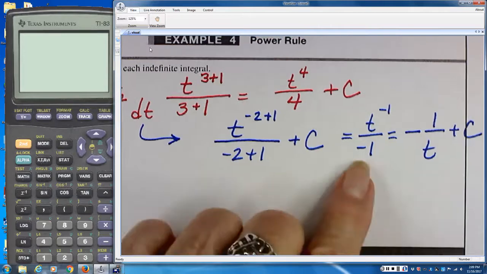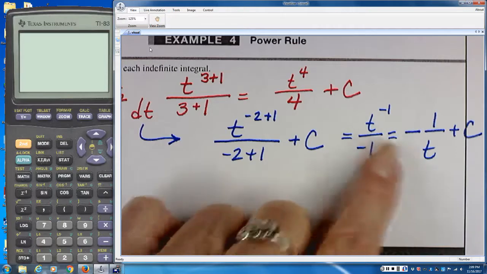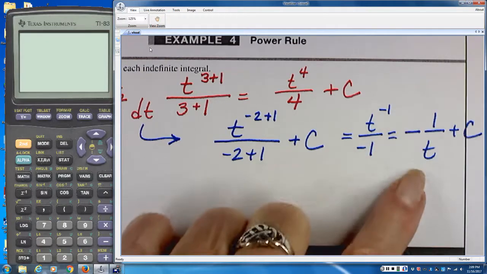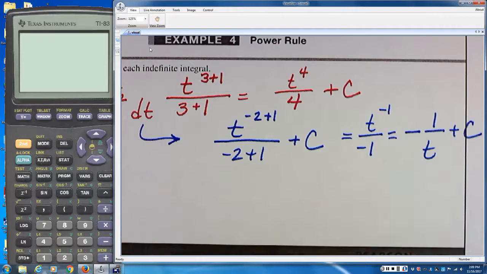This is okay. There's nothing wrong with that. But if you're actually going to try to get out of having to have too many parentheses, it'd be easier to pull your negative in front and then drop your t down in the denominator. But you don't have to. It's kind of like taking derivatives. If you can do the integral and get through the first step, you've done the calculus.